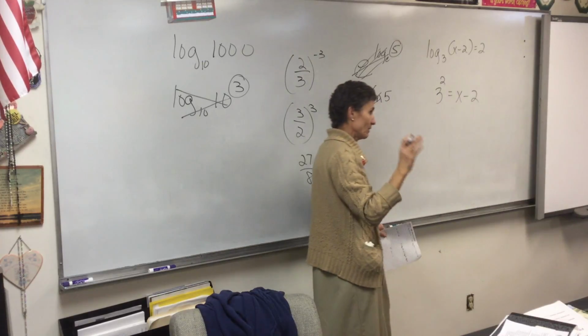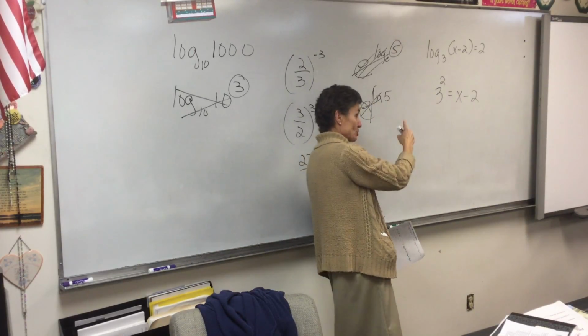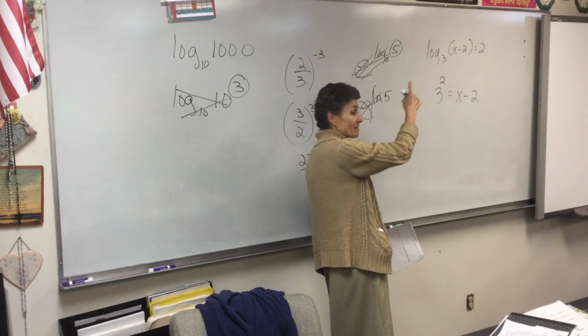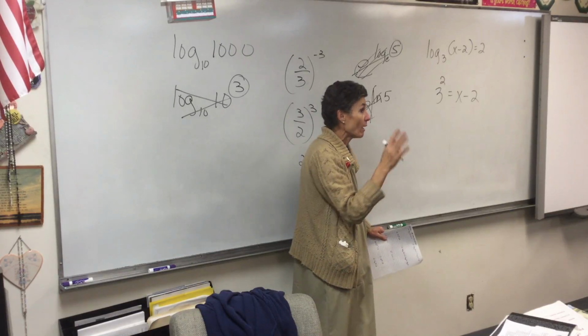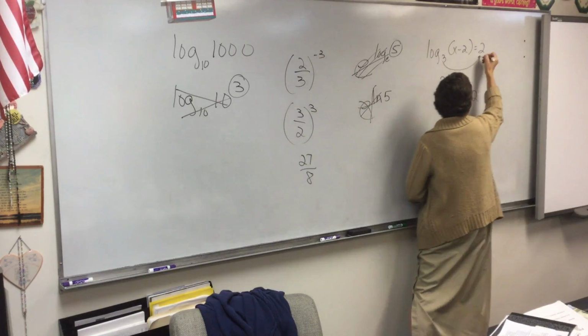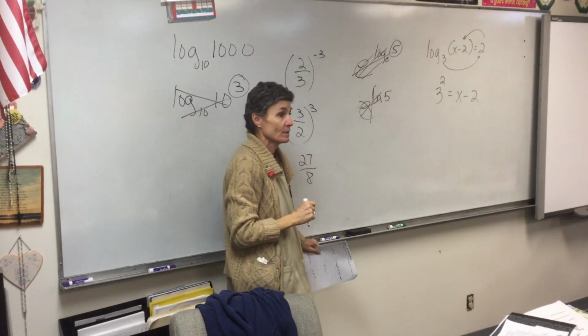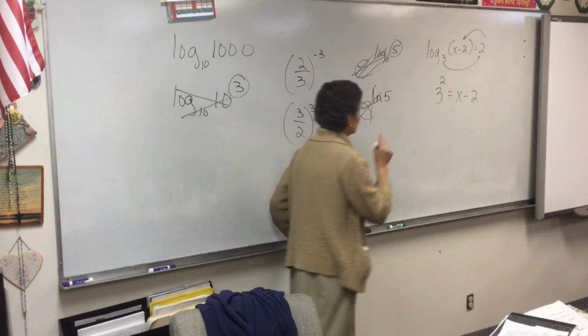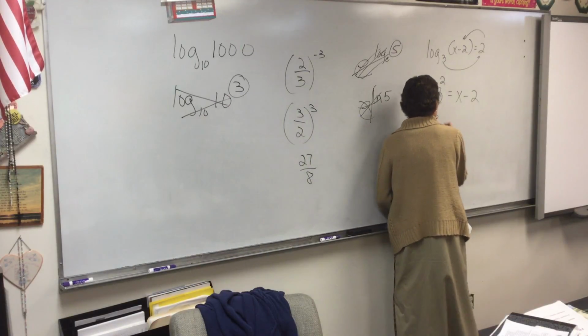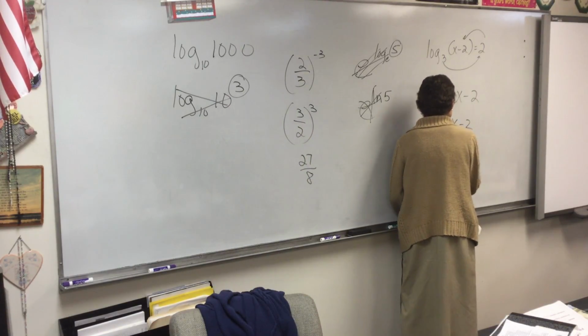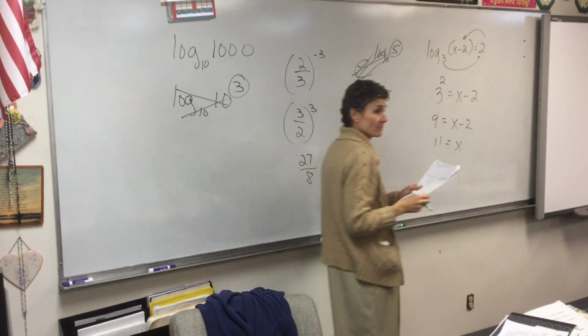Now he's calling that flipping. I'm not sure what he means by that, but this is right. Some of you think of that as loop-de-loop. I don't care. However it makes sense to you, that's what you need to do. 3 to the second equals x minus 2. So 9 equals x minus 2, and it looks like my answer is 11.